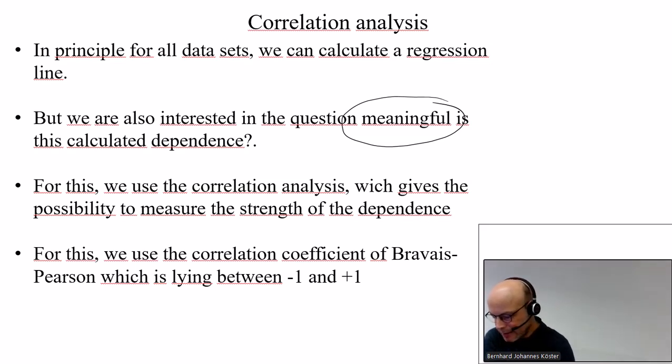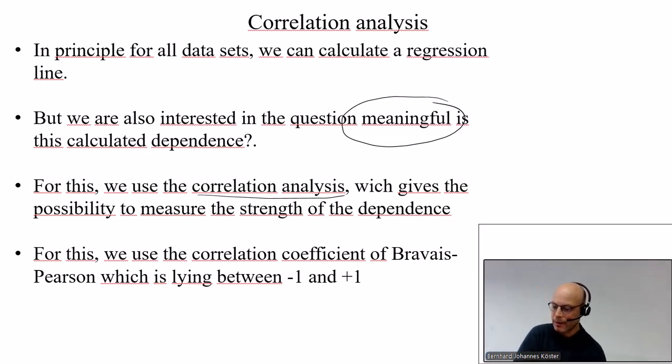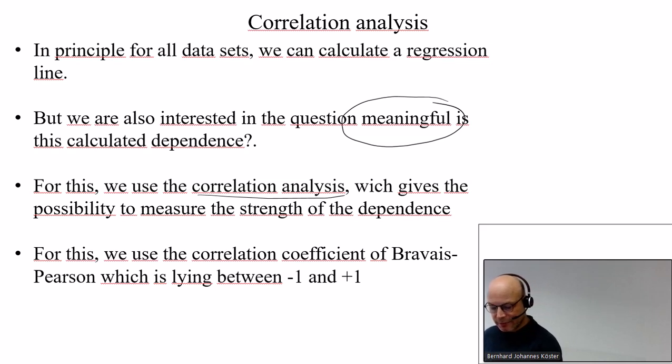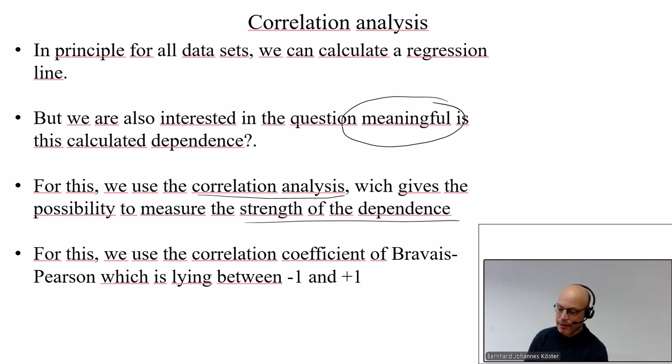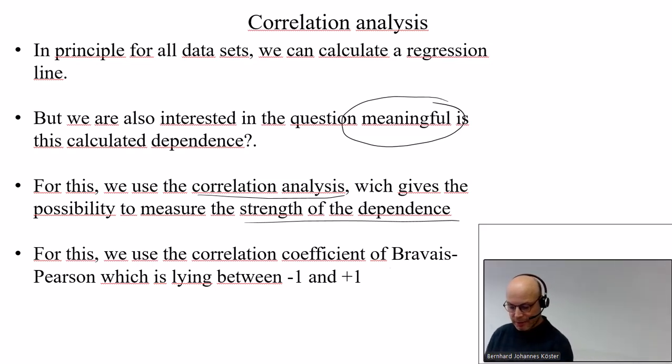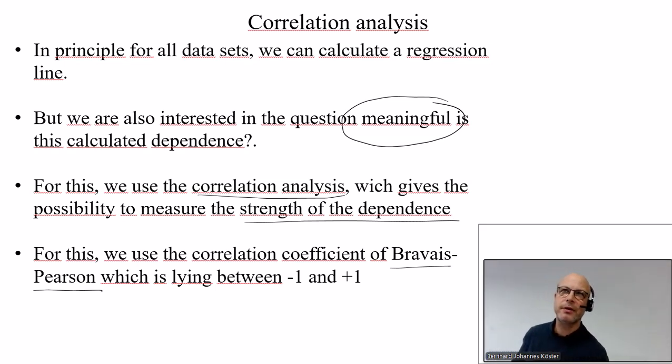And this is then the correlation analysis, where we obtain a variable which we can interpret as a measurement for the strength of our dependence. And this was done by two guys, Bravais and Pearson, I think around 1900.